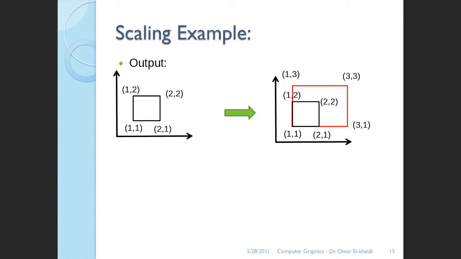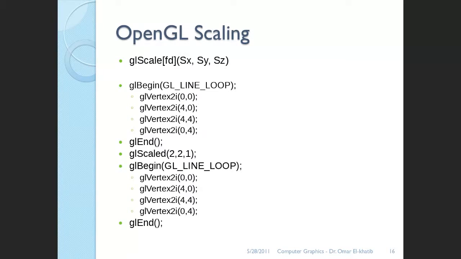After scaling, there is also the code of scaling in OpenGL. How do we do scaling in OpenGL? The example here shows, once again, the same code here and the same code here, except that before the second code, we use glScale. This glScale means we are passing 2 and 2, which means on the x-axis and the y-axis it will scale twice, so it will double the size.